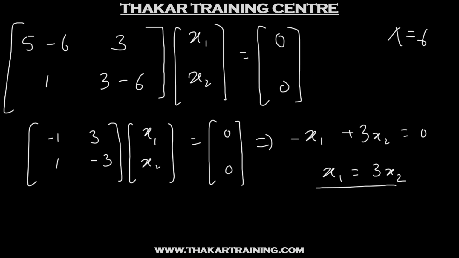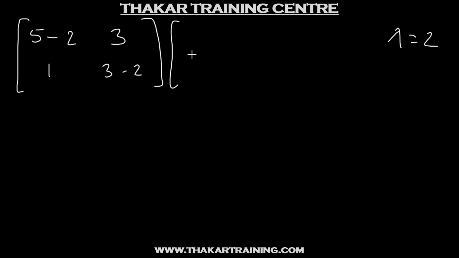So we'll go on to the next eigenvalue. What was the next eigenvalue? That is 2. So for lambda equal to 2, the matrix was 5 3 1 3, so this will be 5 minus 2, 3, 1, 3 minus 2. Take the vector as x1, x2.